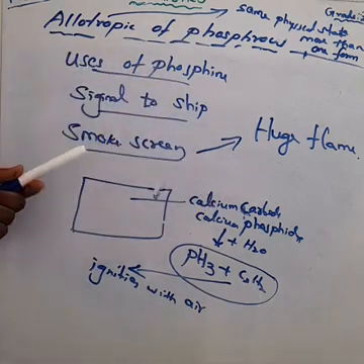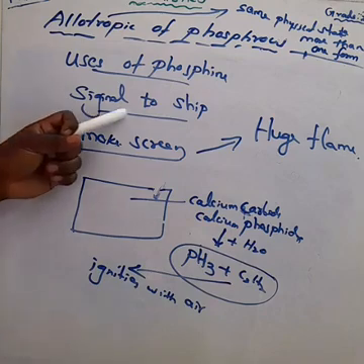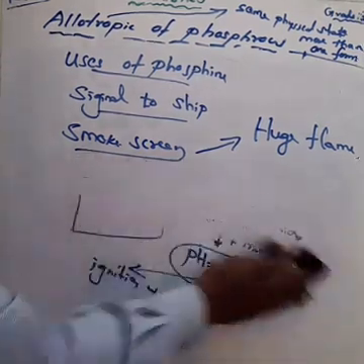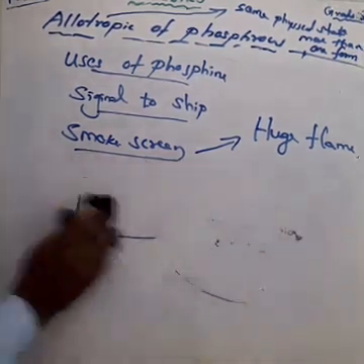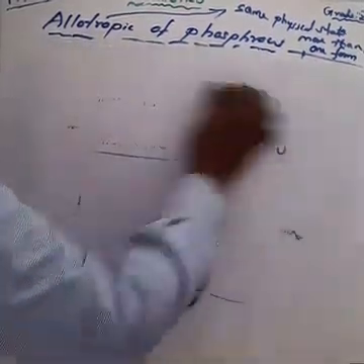Due to this burning of gas, it serves as a signal to the approaching ship. Okay, a signal to the approaching ship. This we call a Holmes signal. One of the very, very important questions, Holmes signal. Okay, this is about the use of phosphine.